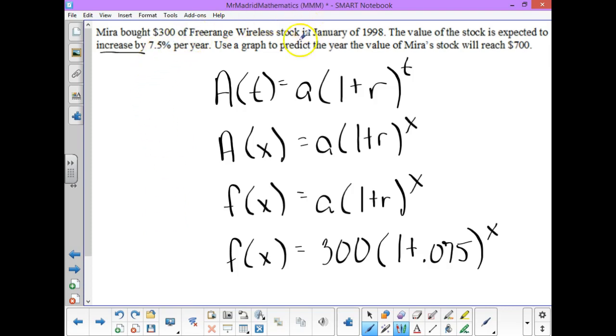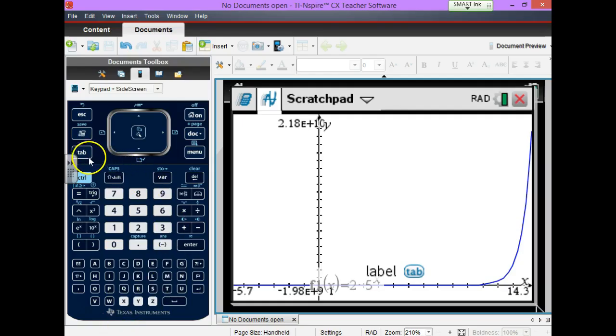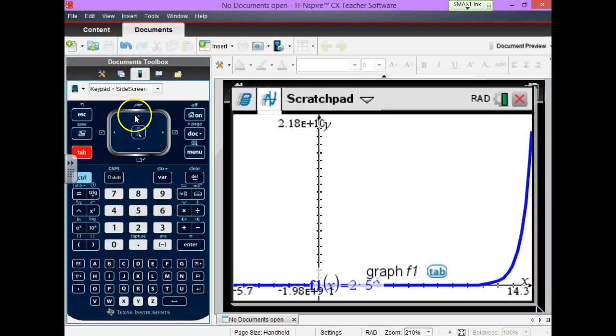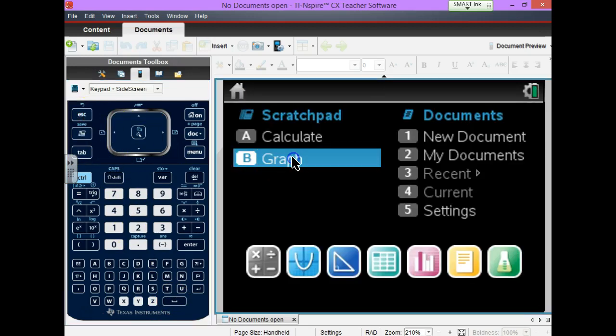What else do they need here? Use a graph to predict. Okay, so now we're going to take this information. We hit tab real quick here. Go back to the graph.